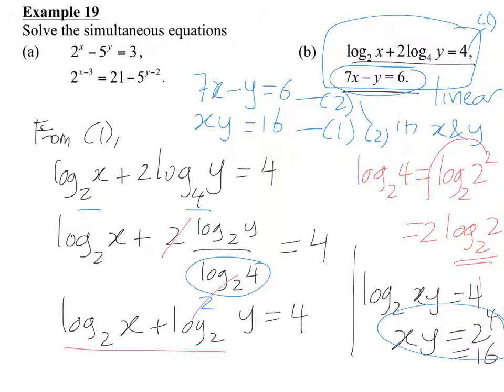This is a non-linear equation, but it can be solved. The method is always to start from the linear one and then use substitution. For example, you can express y in terms of x or x in terms of y, substitute into the second equation, and you will get one equation with one unknown. Then you can solve it and find the other unknown. Okay, please try.